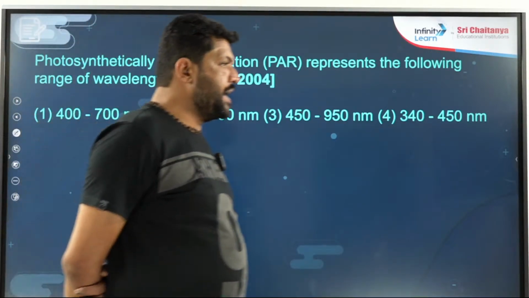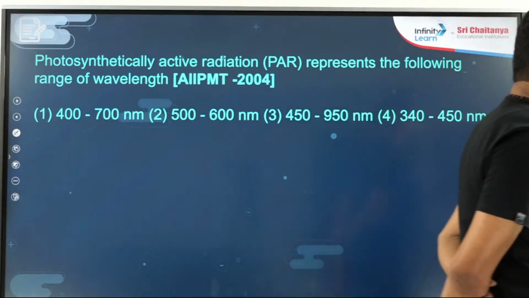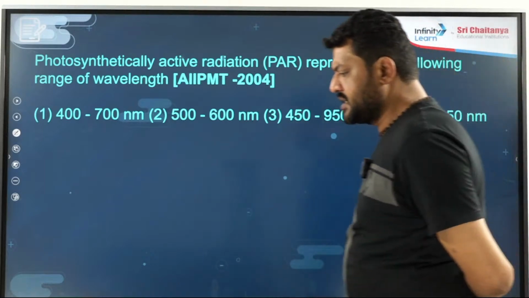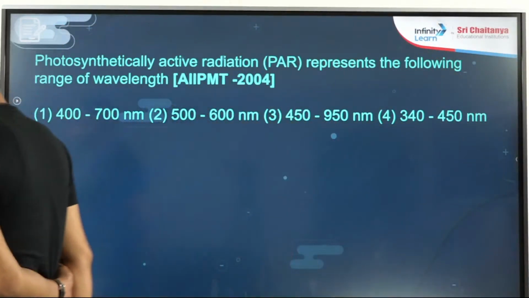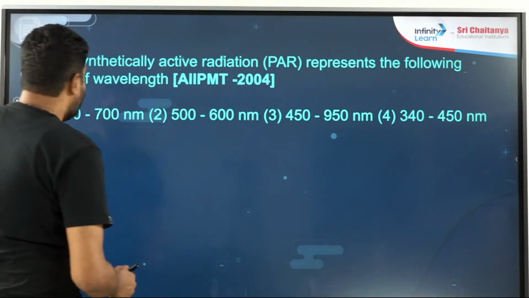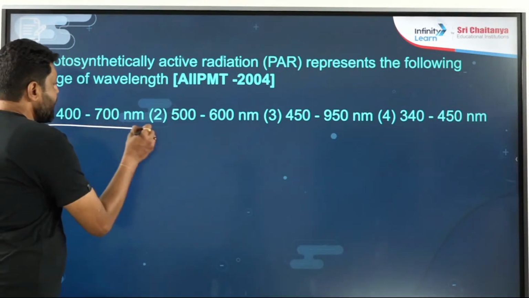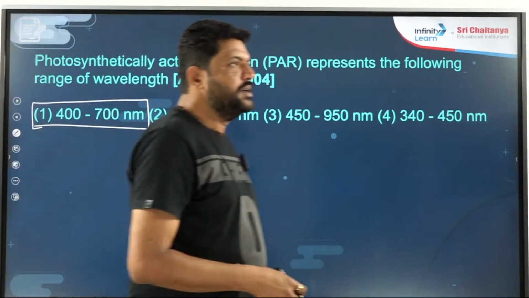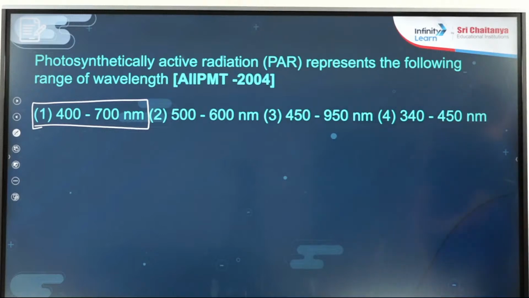Photosynthetic active radiation, also called PAR. The range of PAR represents the following wavelength. This question was asked in NEET 2004. What is the range of photosynthetic active radiation? It is very important. That is 400 to 700 nanometers of light. In this light only photosynthesis takes place.